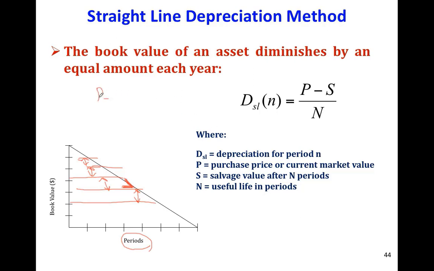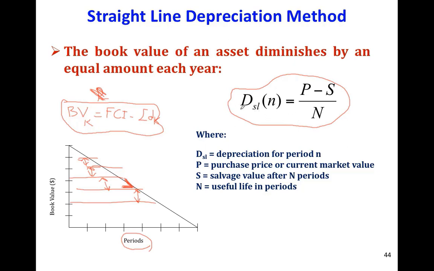As I said, book value is the difference between fixed capital investment minus the depreciation up to that year. That was the book value. Another method, if we have a linear relation, we can find the book value in this way as well, by using this equation.